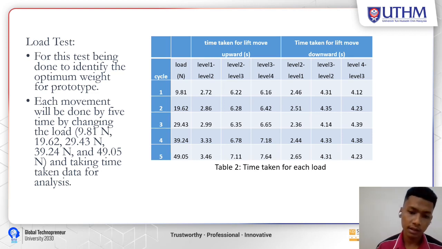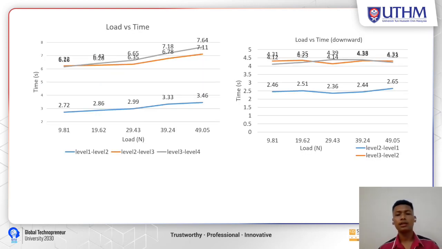This is the table of the result of this testing, where you can see the data taken for upward movement and the data taken for downward movement. This is a graph based on the result in the previous table. As you can see, the time taken increases with the load.